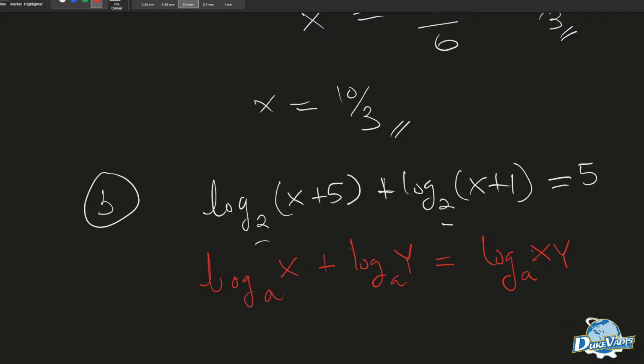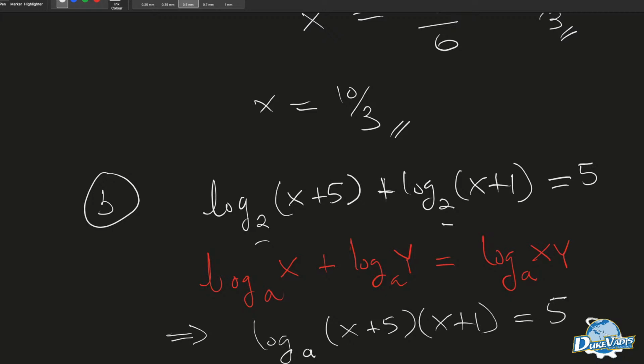Applying this principle of logarithm to this equation will make life easier. Because of this, we are going to get log to the base 2 of (x plus 5)(x plus 1) equals 5. Friends, we know this.